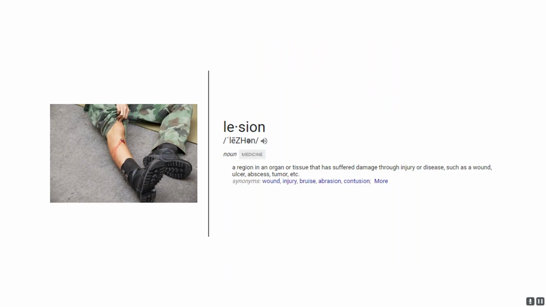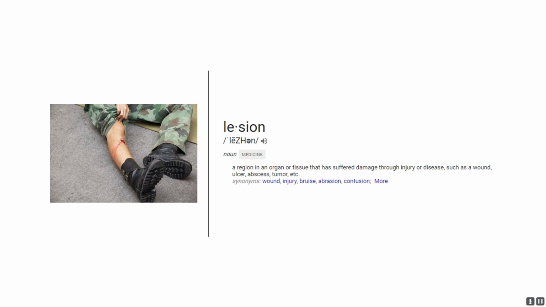So we know that in injury work, an injury is called a lesion. It's also called a derangement. Anytime we say a lesion, it's a region of an organ or tissue that has suffered damage through an injury or disease. Now, can I break my leg 20 years ago and still show a callus from the broken leg?